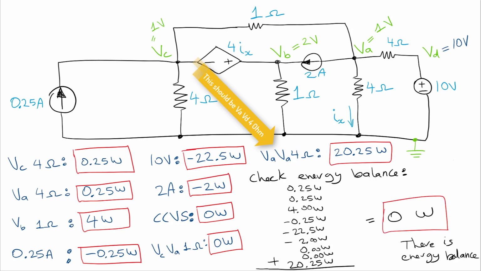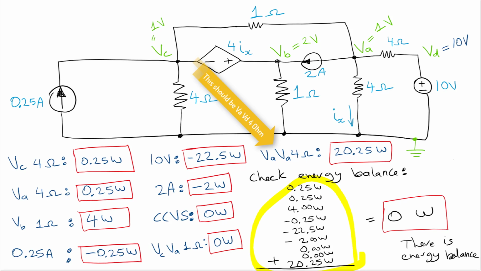So let's add up all of the powers. So we're summing all of them, okay? And now we want to see what it is equal to, and if you calculate, it's equal to 0 watts. So there is energy balance. So we have confidence that we've done this circuit analysis correctly.